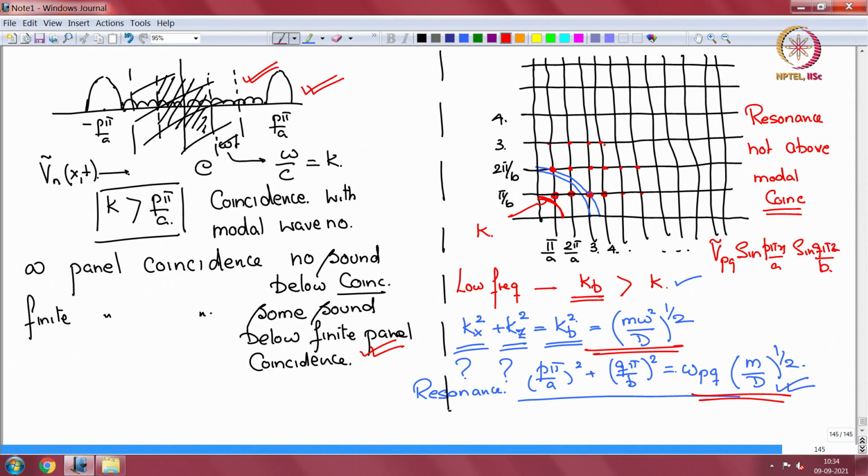So some of those scattered wave numbers will be radiating sound. And if it's resonance, of course there will be some amplification and you get more sound. So in this range it's resonant radiation dominated, but modes are below coincidence.